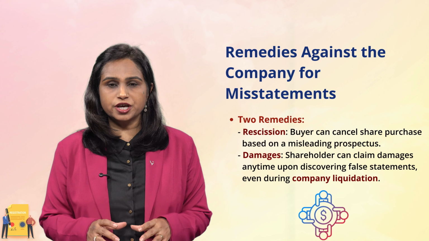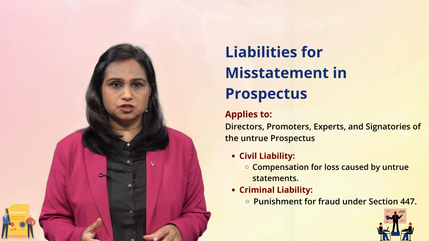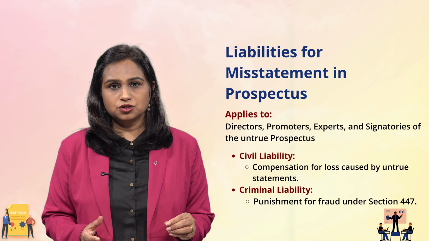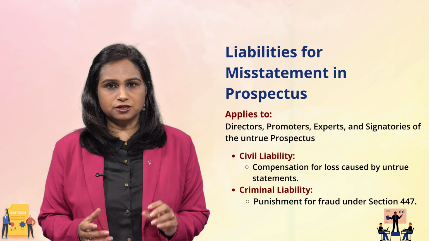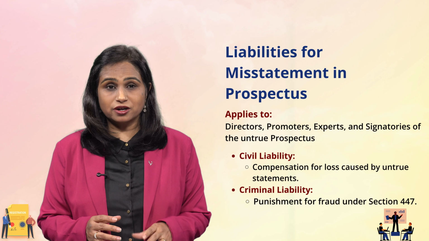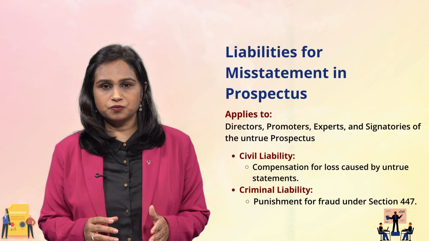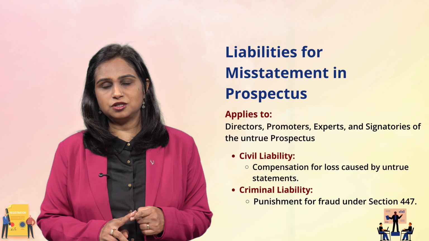We will now look at the liabilities which arise against the directors or promoters or any persons who have signed on behalf of the company on an untrue prospectus. So, there are two kinds of liability which arise against these people, namely civil liability and criminal liability.